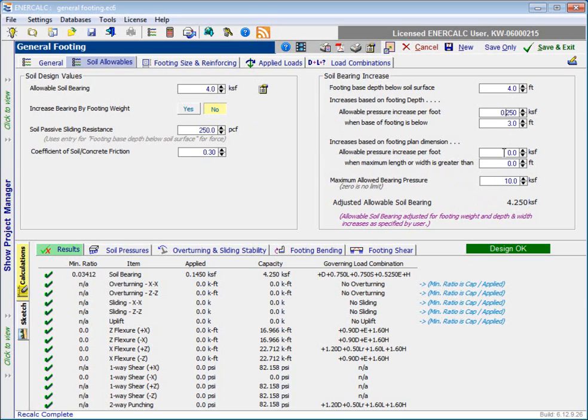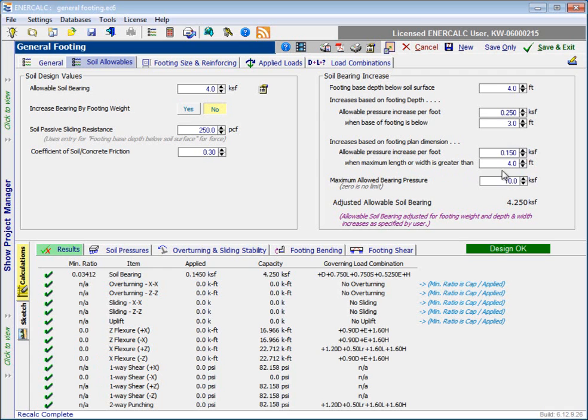One of the other options would be to specify an increase in the allowable soil bearing pressure on the basis of the footing plan dimensions. So we could also say that there's an allowable bearing pressure increase of perhaps 0.15 KSF when the maximum length or width is greater than, and we might specify some footing dimension here.